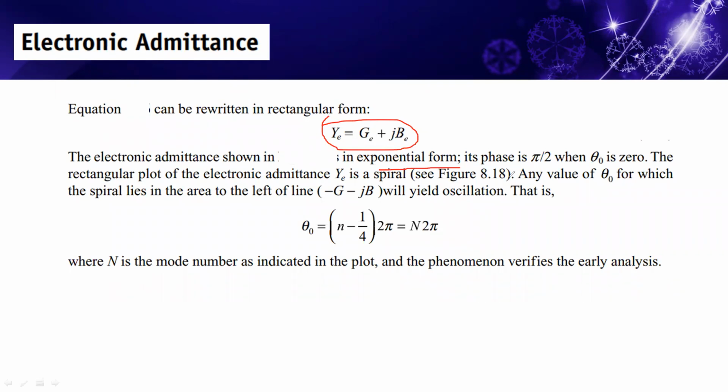So we require a phase value of pi by 2 when the particular angle is to meet 0. Similarly, the rectangular plot for this equation, y equals Ge plus jBe, is a spiral structure at any value of theta naught, available in the spiral lines. That is available for maintaining the oscillations.